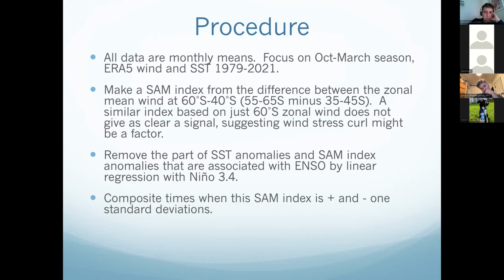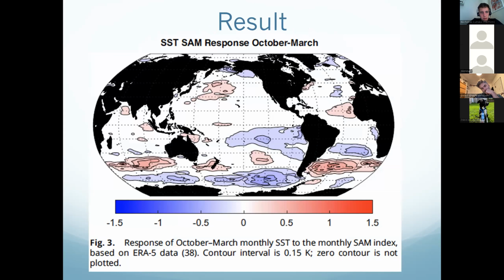If you don't do that, you get a very strong signal that looks just like ENSO. And then we composite times when this SAM index is either +1 or -1 standard deviations away from its mean value, and then plot the difference, and we get this result here.